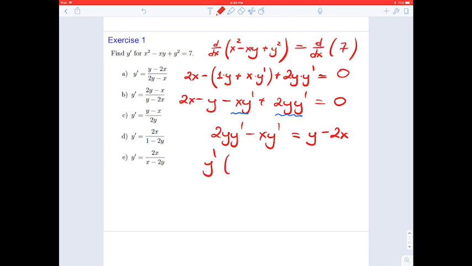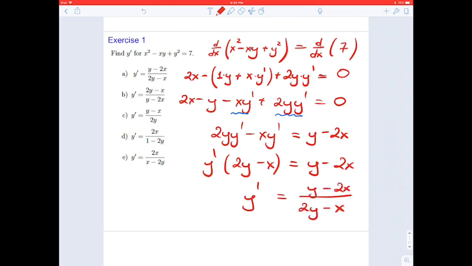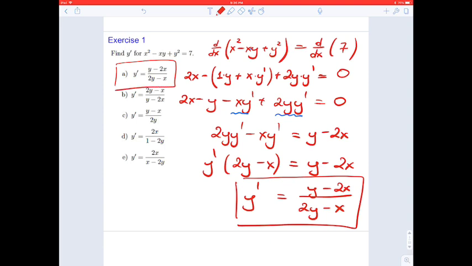Now I will factor out y prime. 2y minus x will stay. Copy this side and divide both sides of the equation by 2y minus x. And this is my final answer. And I think it's this one.